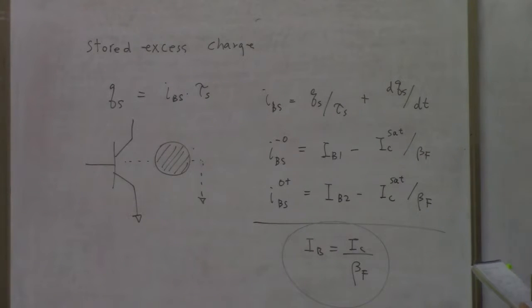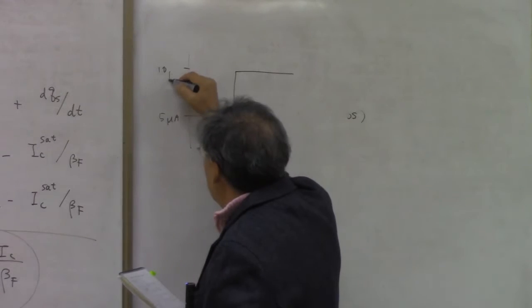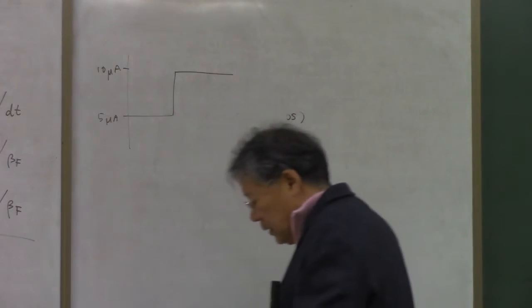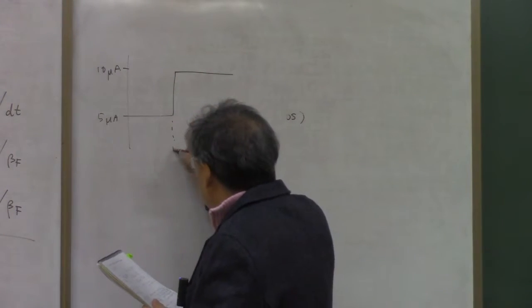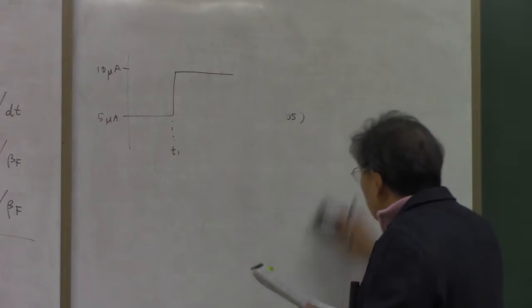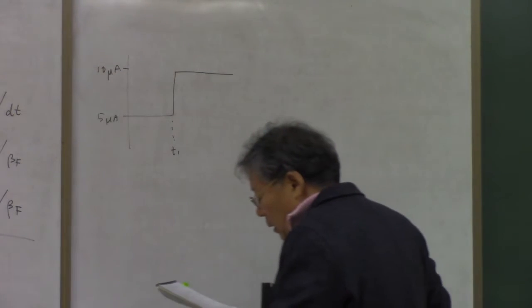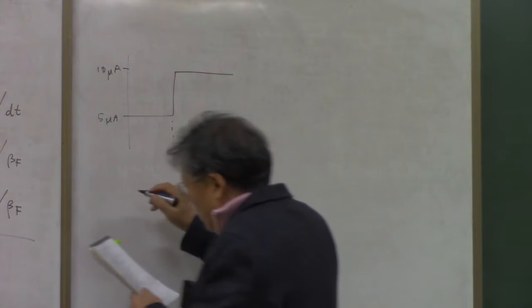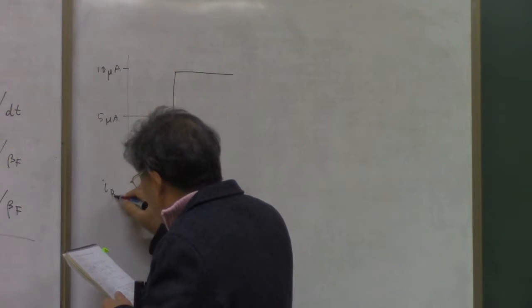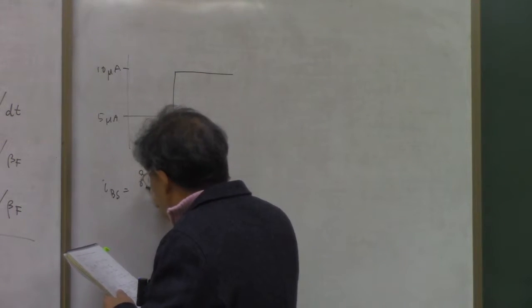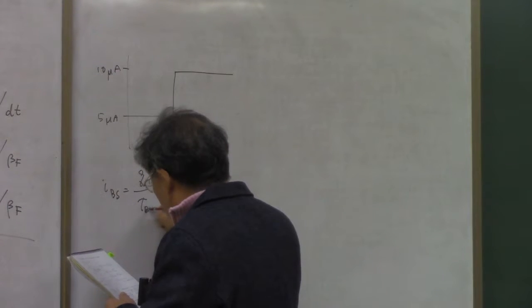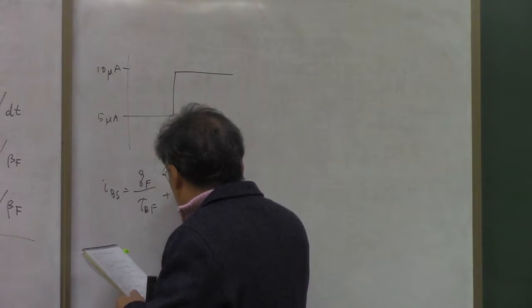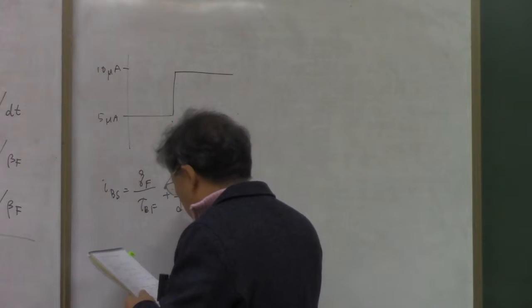When you have 5 microamps and then you increase that to 10 microamps, something like this, at the time t1, we start out with the equation IBS equals QF over tau BF plus dQF over dt.